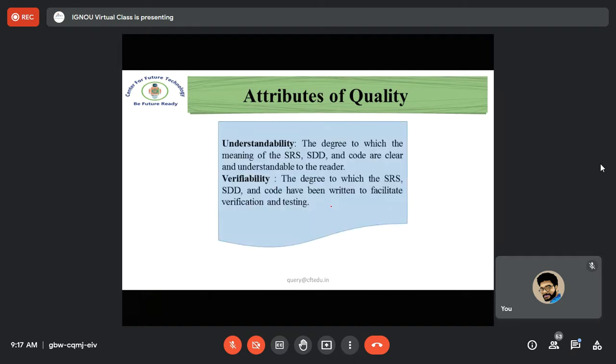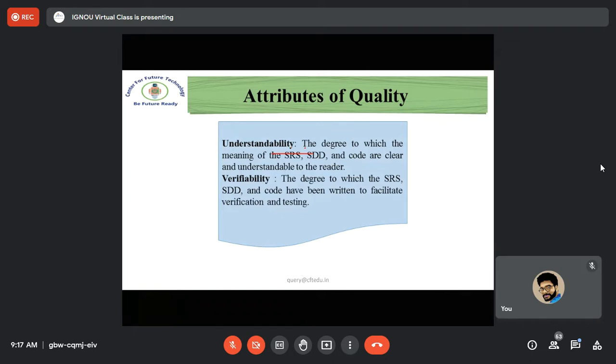Understandability. This feature basically reflects how effectively we can make use of the software, and how the different stakeholders can understand the entire view of the software. That quality of the software is called understandability. It means we consider each and every kind of user, whether an internal user, stakeholders, or the final operating team.